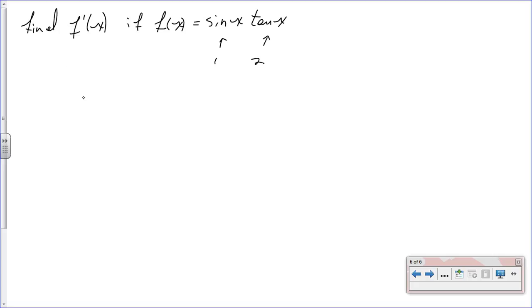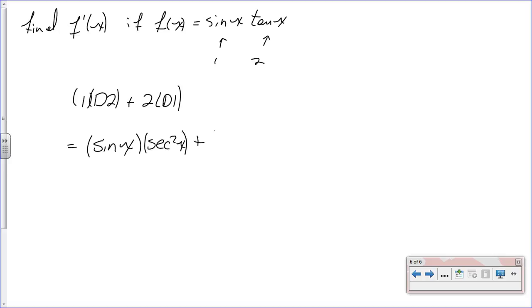So remember, it's 1 times d2 plus 2 times d1. So 1 is going to be sine x. The derivative of the second one is going to be secant squared, plus 2, which is tangent x, times d1, which is cosine x.